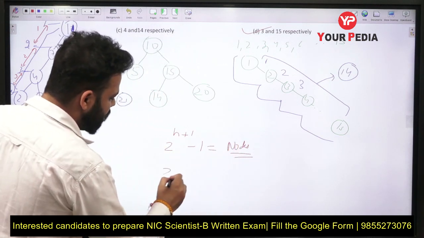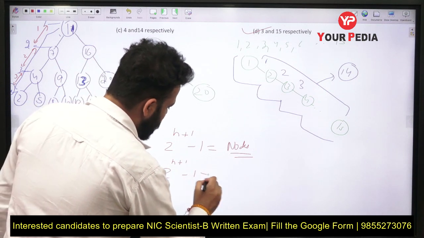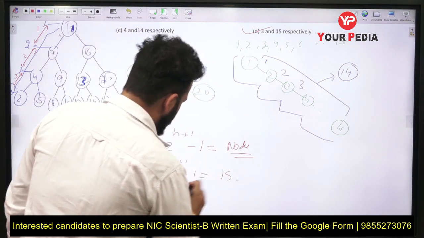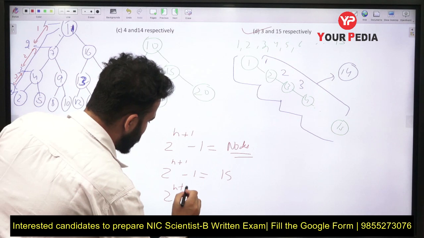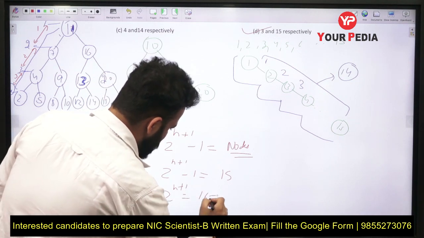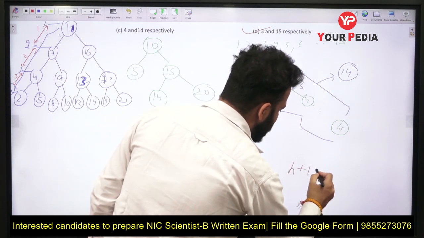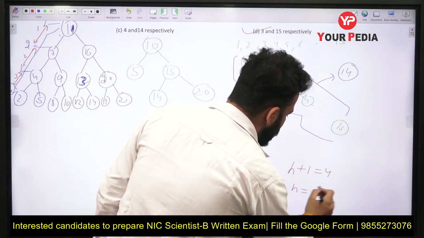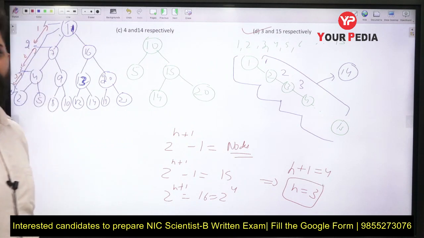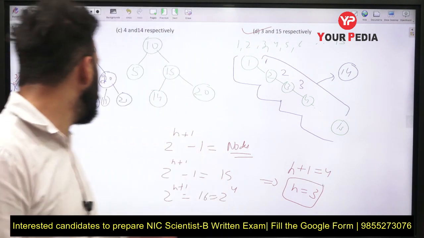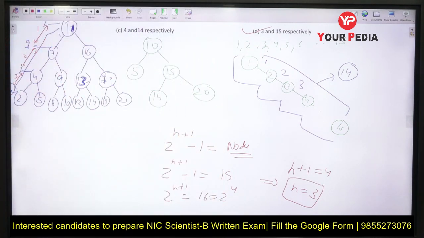If you put 15 in this formula, 2 raised to power h plus 1 will be equal to 16, which is equal to 2 raised to power 4. So this implies h plus 1 is 4, so h is equal to 3. So you can also calculate the height this way, but you can also see how the system works.